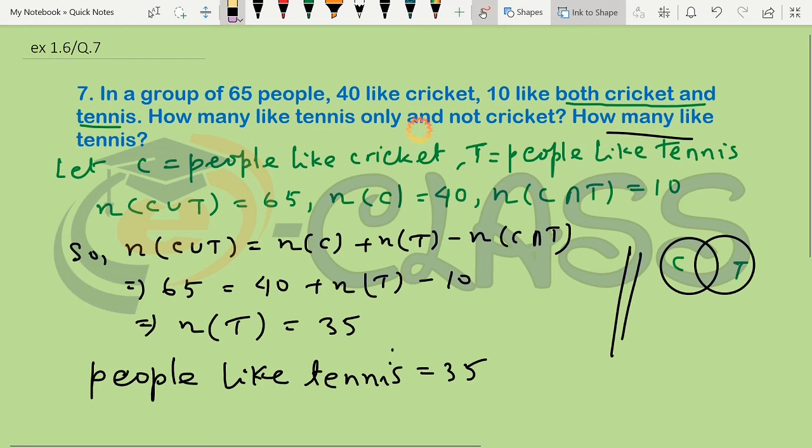Now we calculate the first question, that is, how many like tennis only and not cricket.